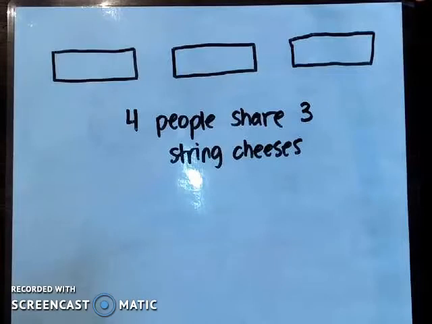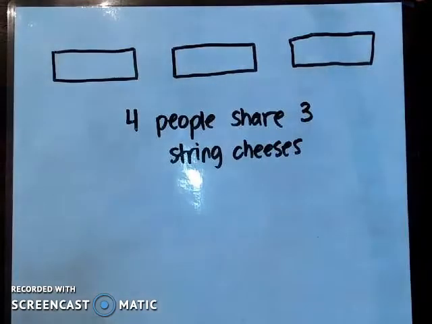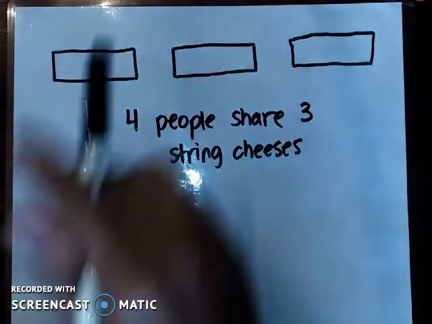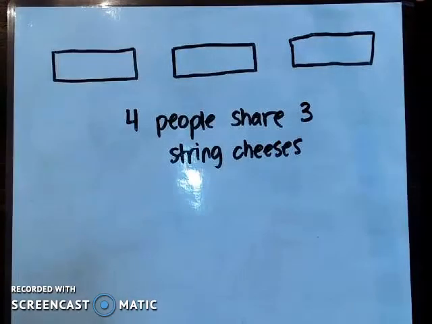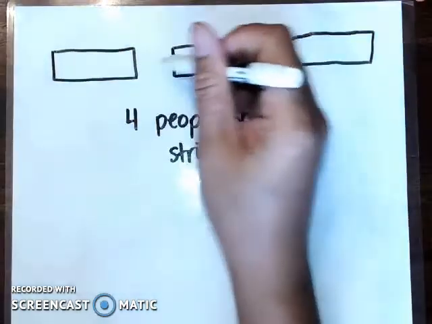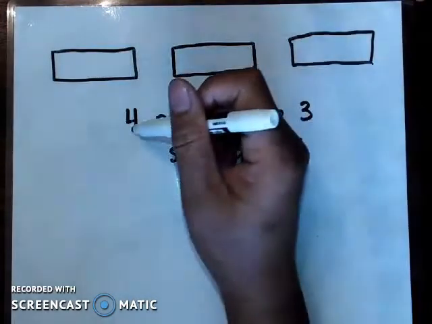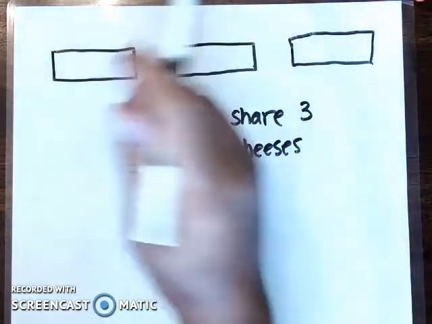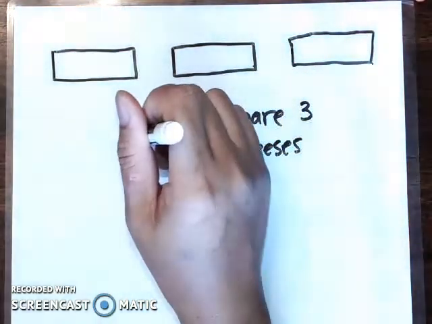Let's figure out, how can I cut these to make equal parts so that every single person gets an equal part? Well, another way we can do this is if you have an odd number of objects, but an even number of people, what you could do is split each thing into the number of people there are.